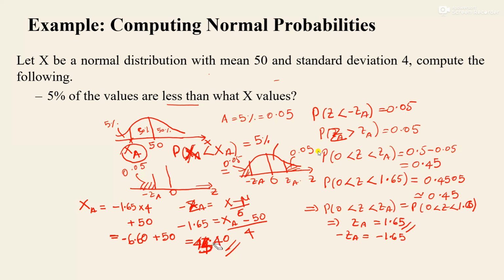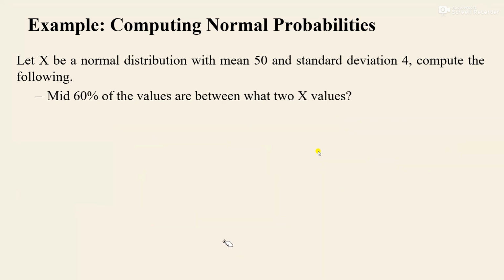Now for the next example. The middle 60% of the values are between two X values. Now they are asking for the middle 60%. So we plot the probability. This is 50.